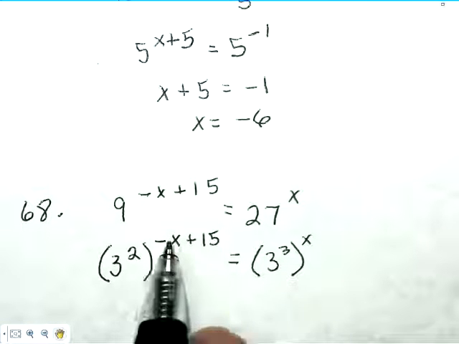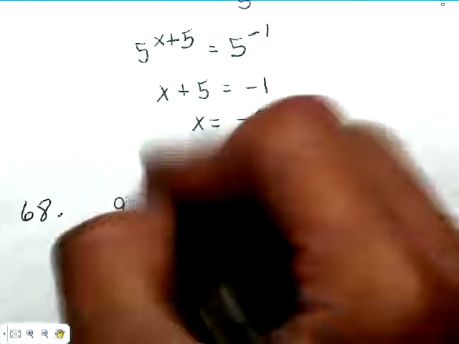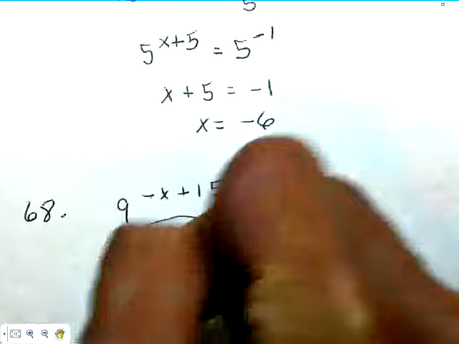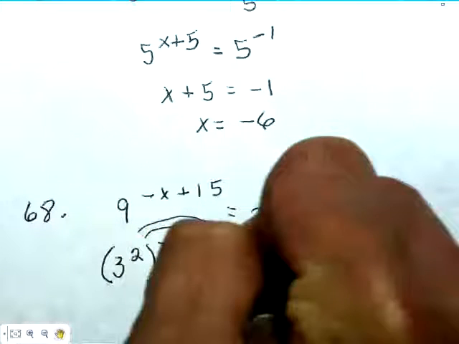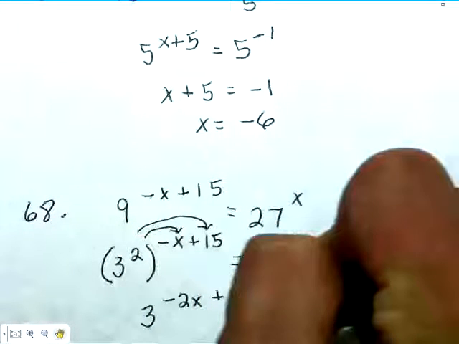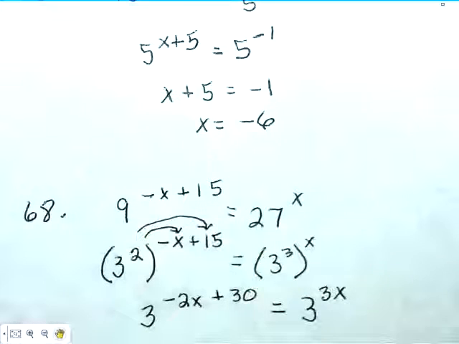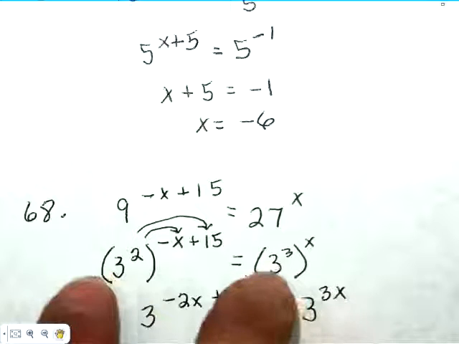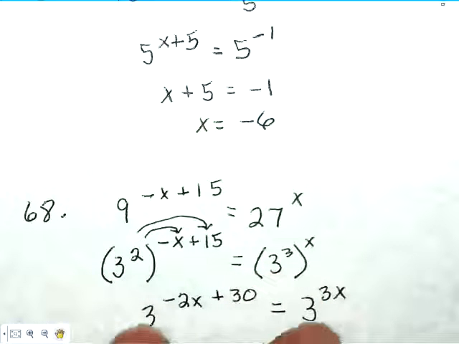So 2 times negative x plus 15, make sure you distribute that 2 completely, would be negative 2x plus 30. And the right-hand side, when you raise a power to a power, you multiply them. That would give you the exponent 3x. You can't remove the bases until you've removed the parentheses and you have the bases being the same.